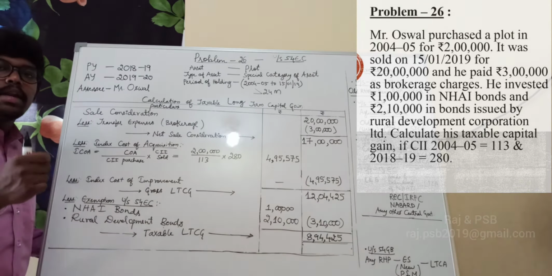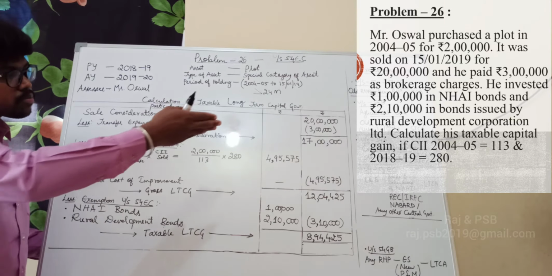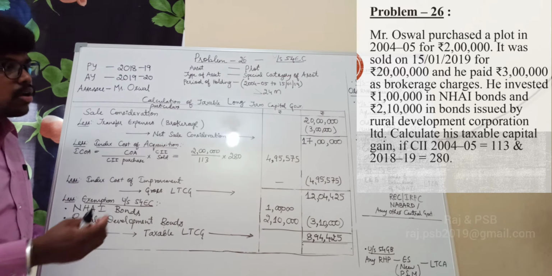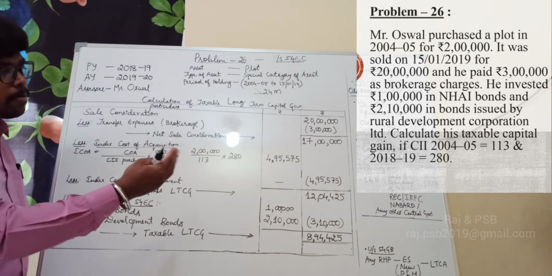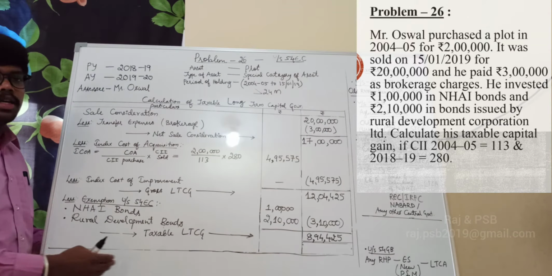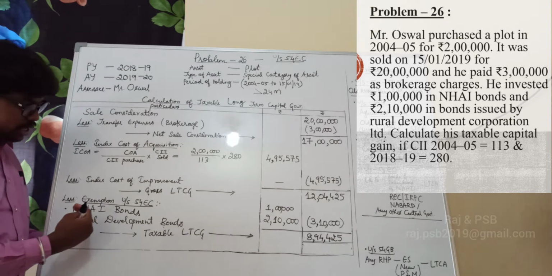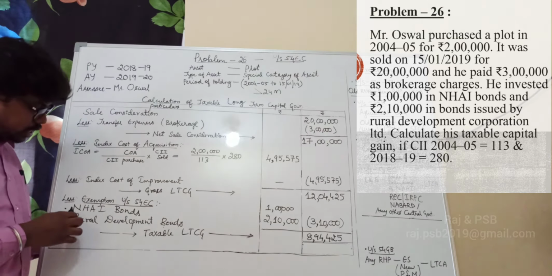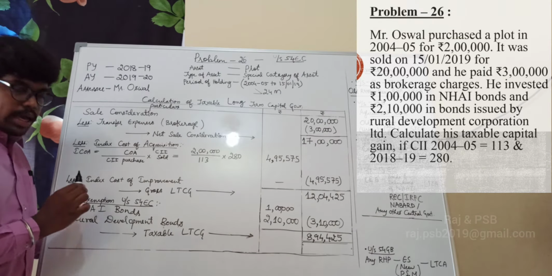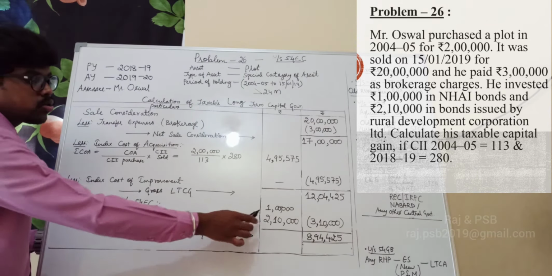Here, if you purchase any national bonds or any central government bonds, such as NHAI, REC, IRFC and NABARD bonds, or any other central government bonds, this exemption is available. Here he has done so. The exemption under section 54EC is National Highway Authority of India bonds 1 lakh and rural development bonds 2,10,000.